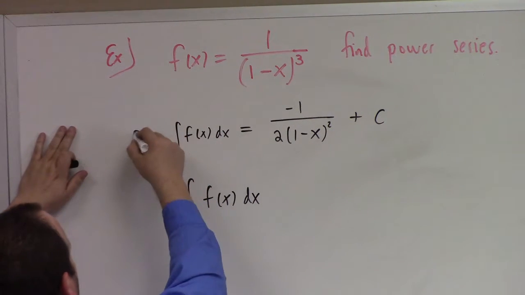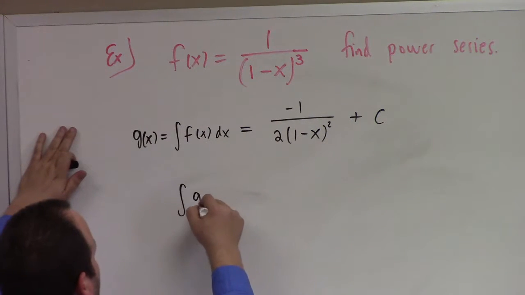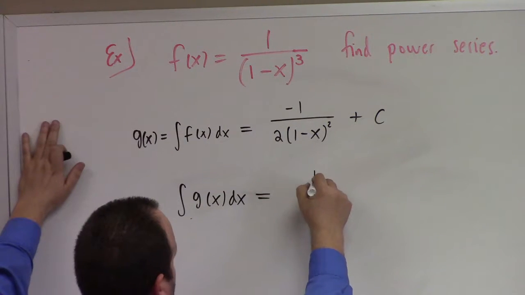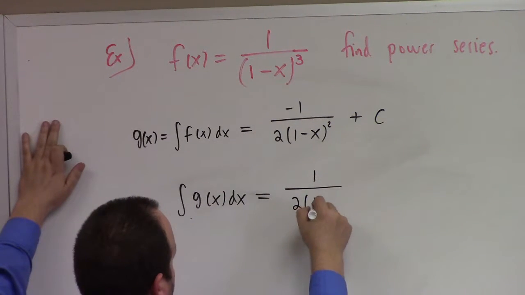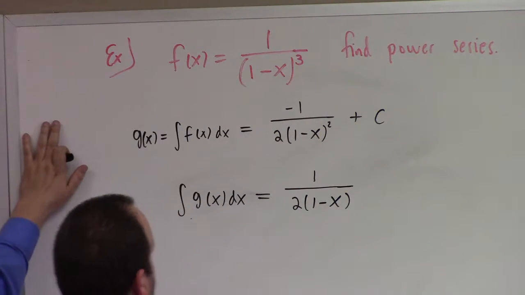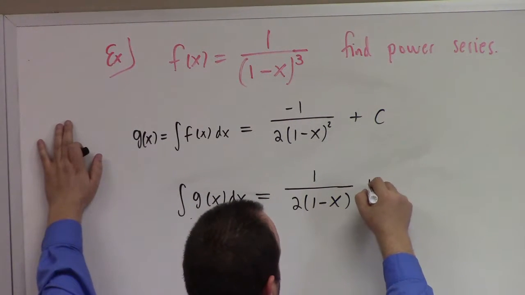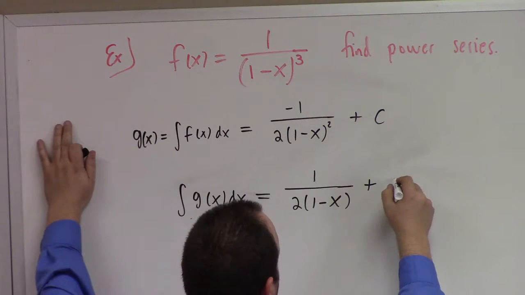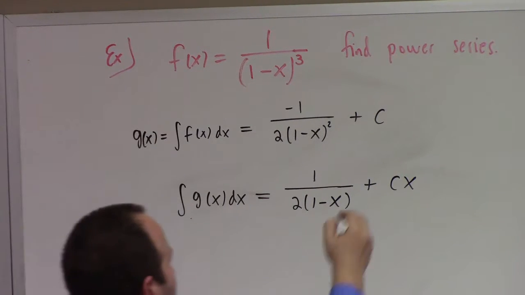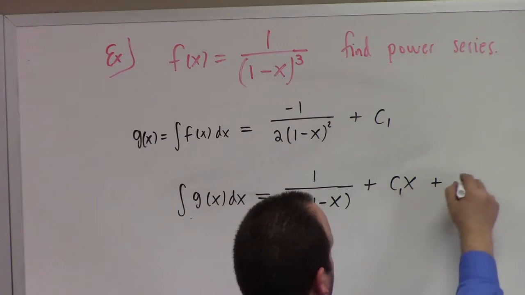Well, let me just give this a name. Let me call this g. Let's say, what's the integral of g of x dx? I guess I have to deal with that too, right? There's a reason it doesn't matter, but technically, let me call this C1, and here's C2, C1 again, plus C2.